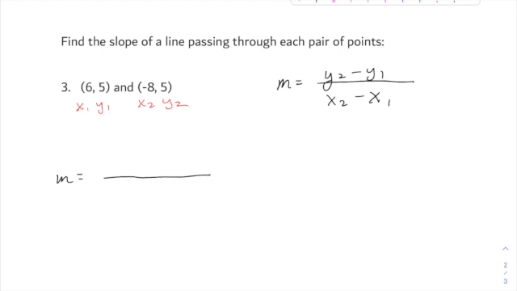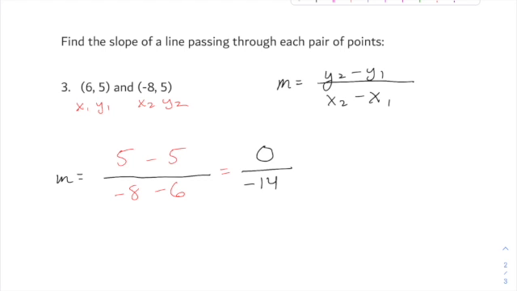So my formula is y2 minus y1, so 5 minus 5, over x2 minus x1. And up top here, now you get 5 minus 5 is 0, -8 minus 6, that's -14.